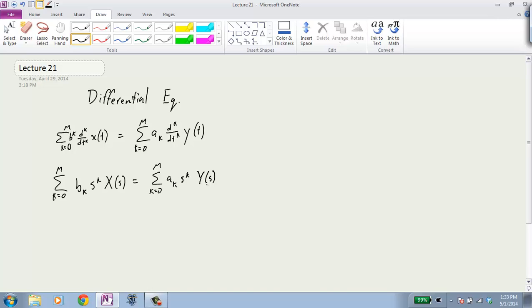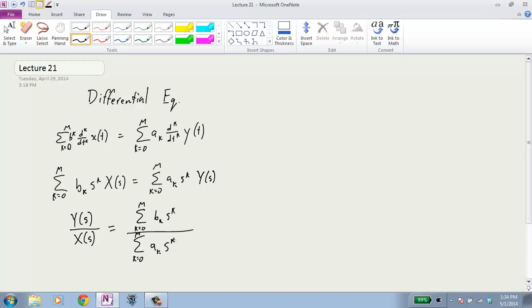And then we just factor out because it's multiplication, and we get that Y(s) over X(s), which you recall is the transfer function of the system, equals a sum of the b's. And we see that it's a rational function, which if we then factor, we can find poles and zeros, and we've been focusing our attention on rational transfer functions for this very reason.